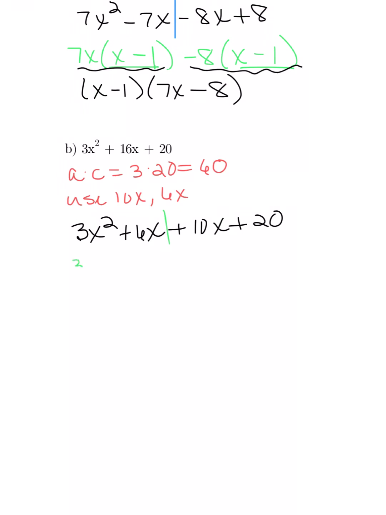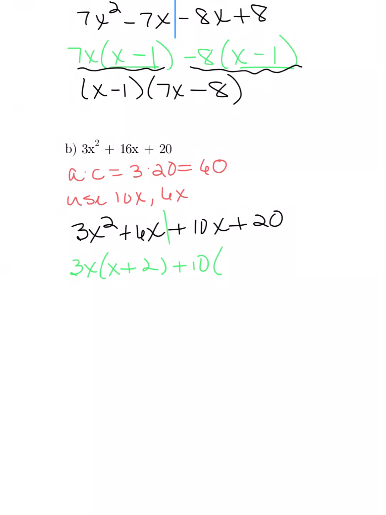Take 3x out of the first two terms. 3x squared divided by 3x leaves me with x. 6x divided by 3x leaves me with 2. In the next two terms, both are positive. What's in common with 10 and 20? 10.